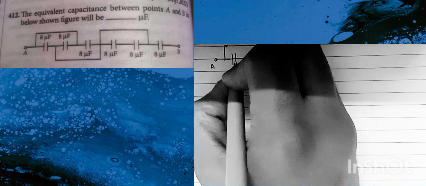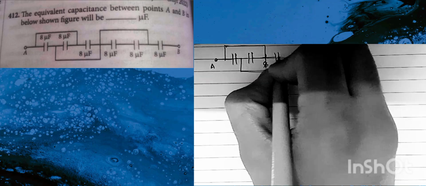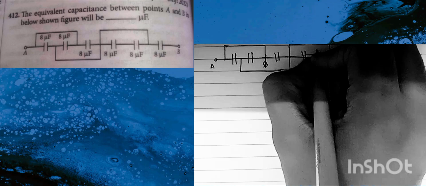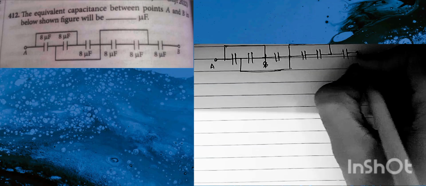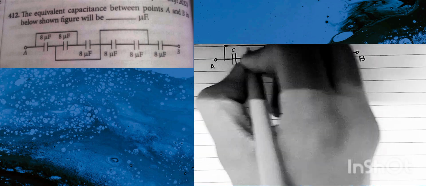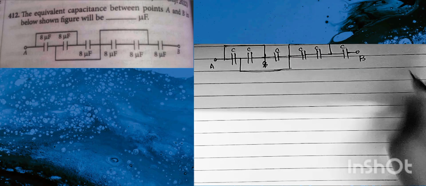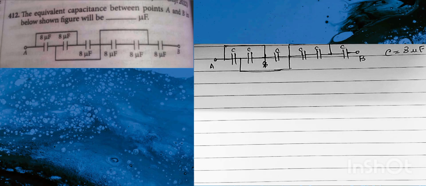We've got a connection which, okay, I did a bit wrong, so this is not there, and we have a capacitor here as well, and this makes a connection over here, and we have these two capacitors, and we have one more capacitor over here, and this is our second node or endpoint B. And let's represent each of these by C, and we are aware of the fact that C is 8 microfarads. So what we want to find here is the equivalent capacitance.